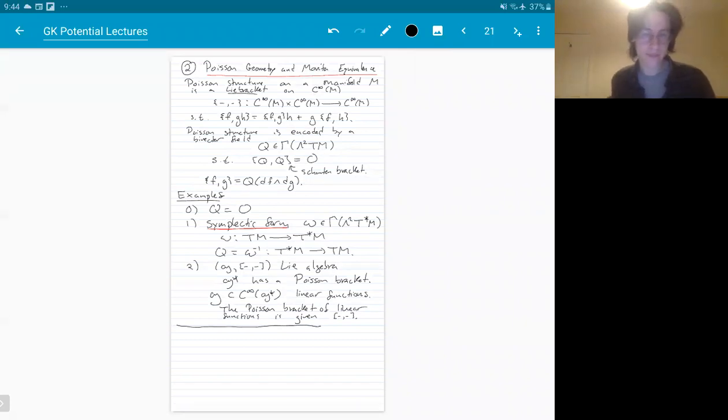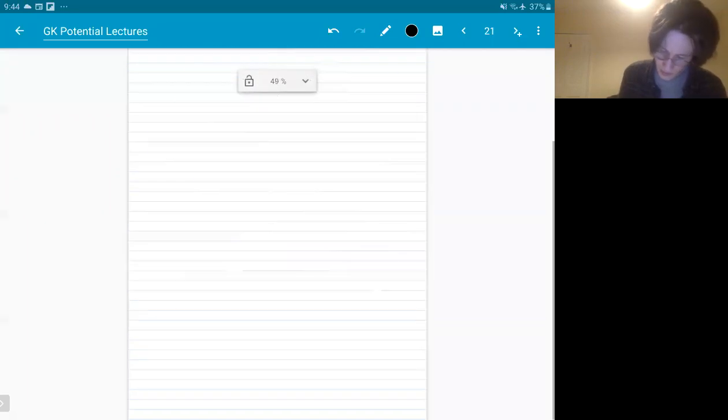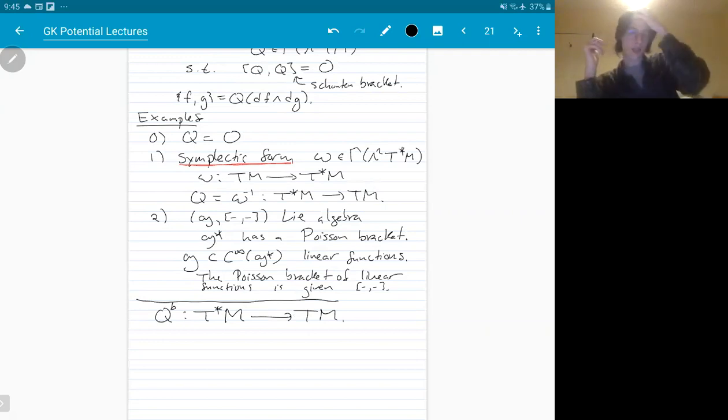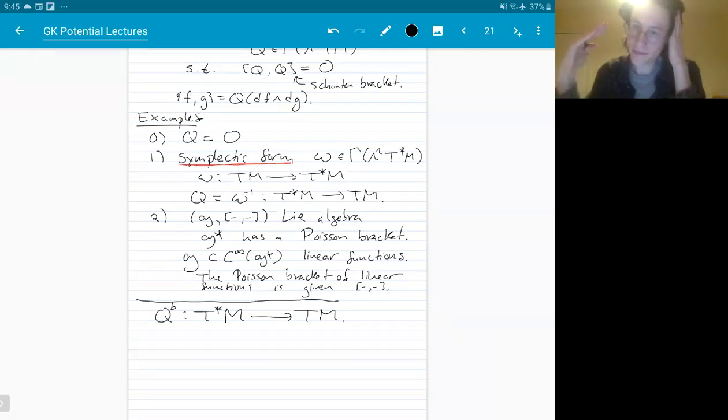Like I said, if you have a Poisson structure, it defines a map, which maybe I should call sharp, but I usually just use the same letter. It's a map from T star M to TM. And so it defines, over each point of M, a subspace of the tangent bundle. In fact, it defines a distribution.